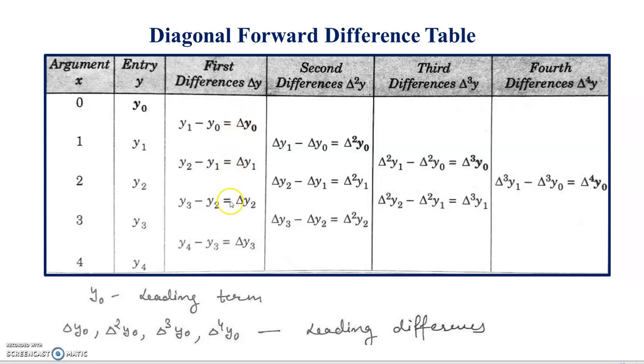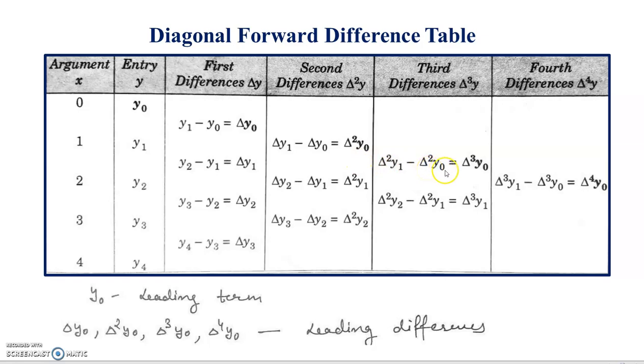If you take the difference of first order forward differences, then you will get second order forward differences. So delta y1 minus delta y0 gives delta square y0. Likewise, delta y2 minus delta y1 gives delta square y1. So we have second order forward differences. And if you take the difference of these differences, then you will get third order.